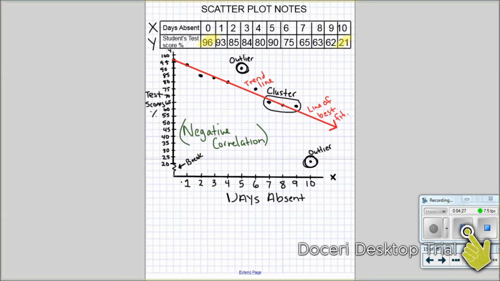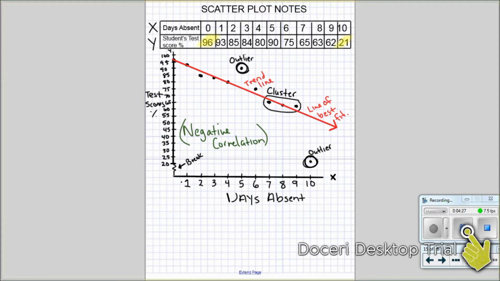Another way to say it is that as our absences increase, you're gone from school more, the test scores are decreasing, going down. If it's going down, that's like negative or bad. So it's a negative correlation. As our x's increase, our y's decrease, going down, negative correlation.